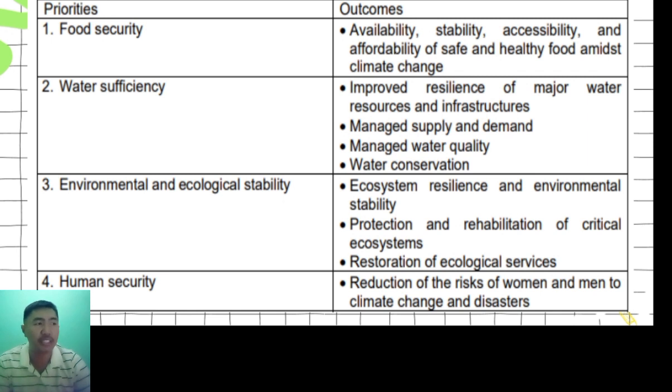Next is human security. Outcomes: reduction of the risk of women and men to climate change and disasters. So security of humans. Of course, if you have enough education on how to handle a situation in the middle of a crisis, then you are secure, and if you go through a disaster, at least you are less vulnerable in that kind of situation.